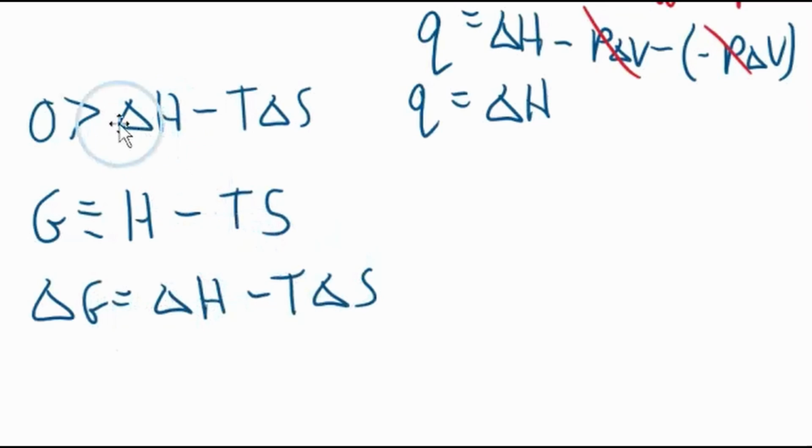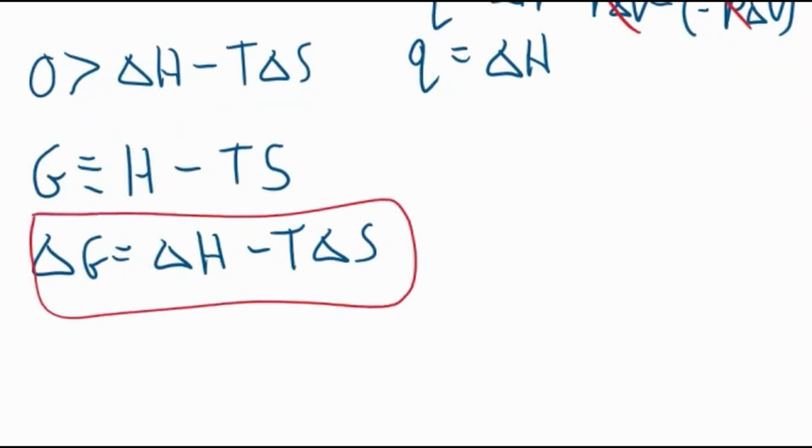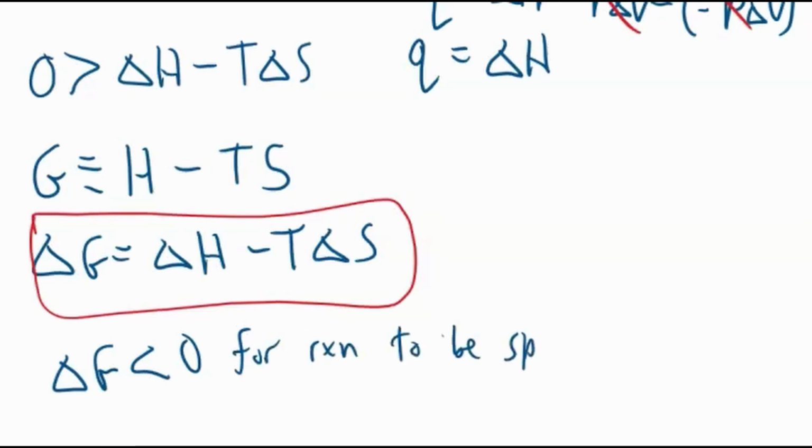So if we define this, then that means delta G has to be less than 0 for spontaneity. So this is our equation, where we see where this derived from, and delta G has to be less than 0 for the reaction to be spontaneous.